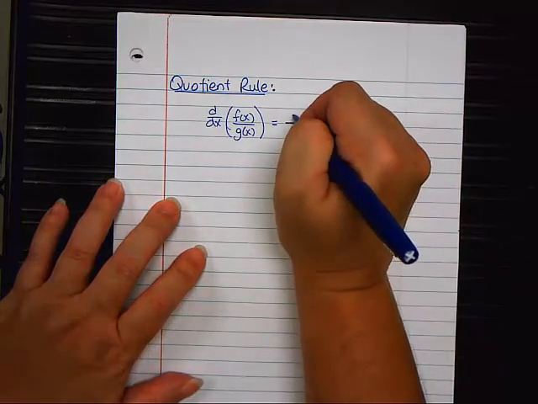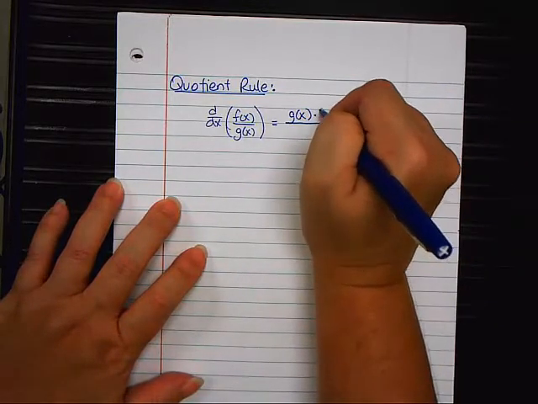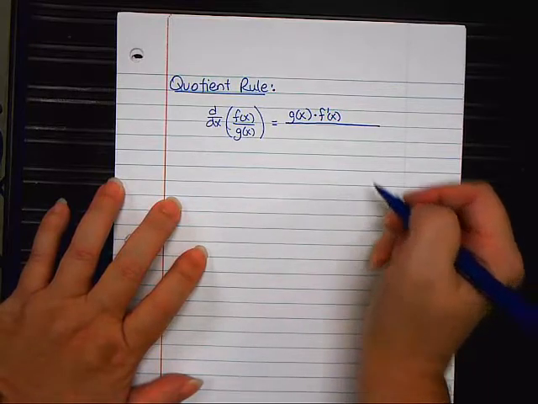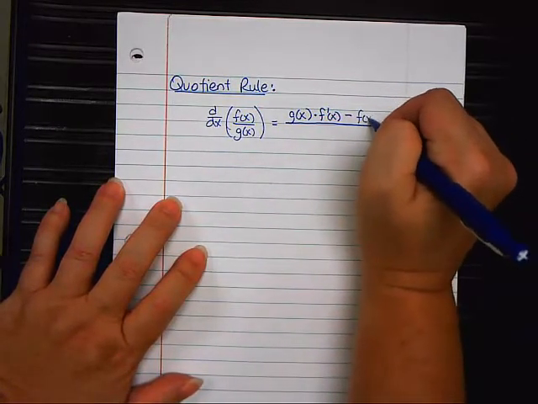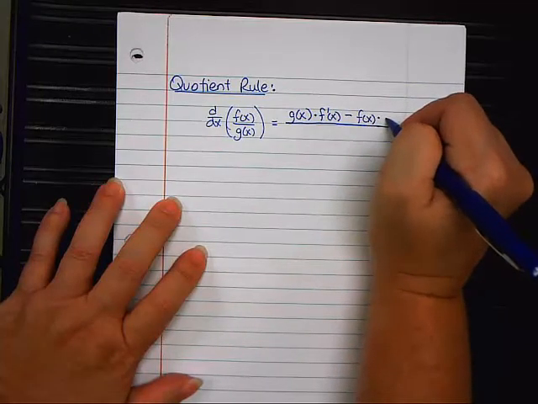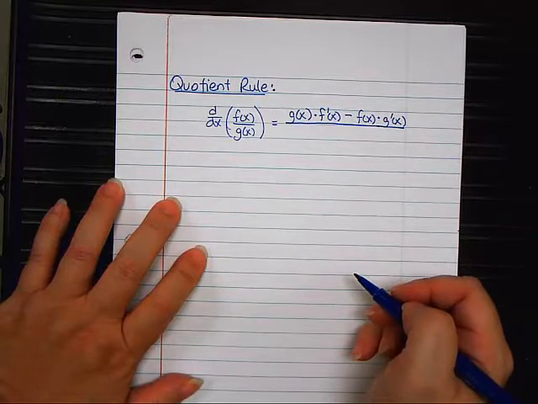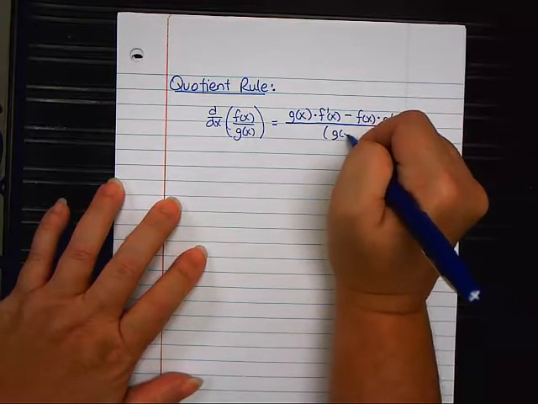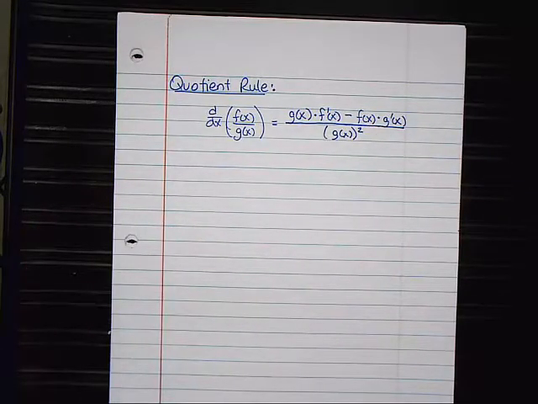You start with g of x times f prime of x minus f of x times g prime of x, all over parentheses g of x squared. That is the quotient rule.